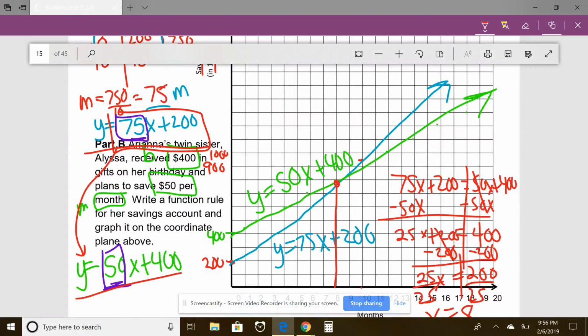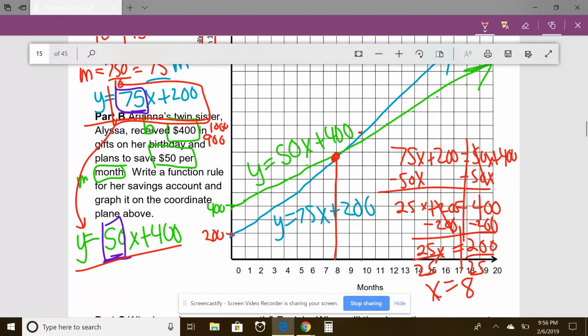And maybe you could have seen where they intersected if you drew straight lines. But it's also good to double check with our math to see where they intersect. So it is good we checked it algebraically as well as graphically.